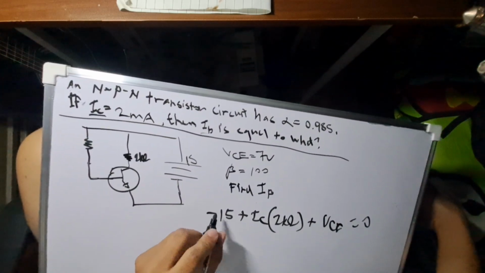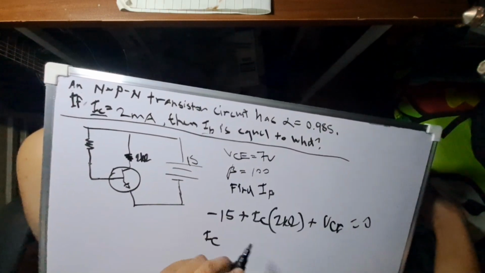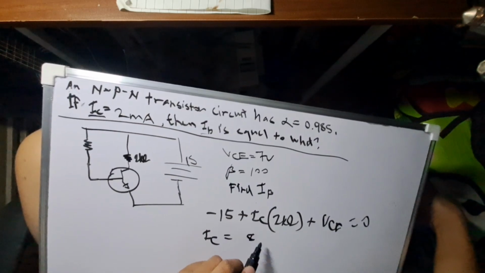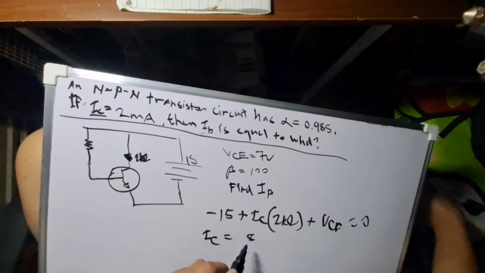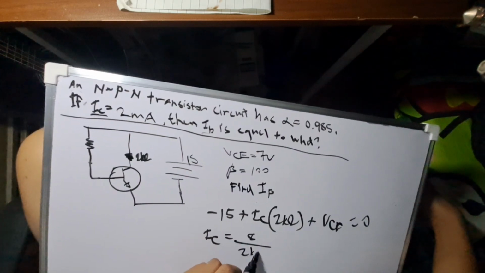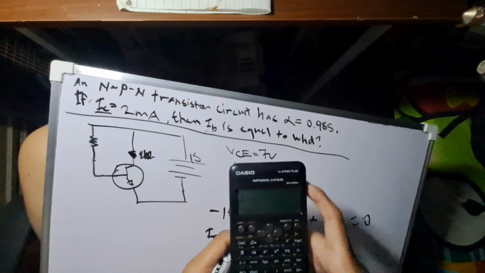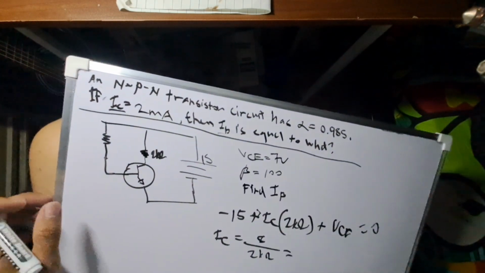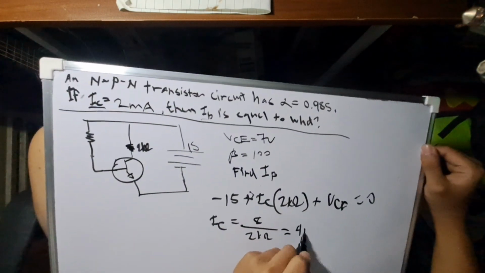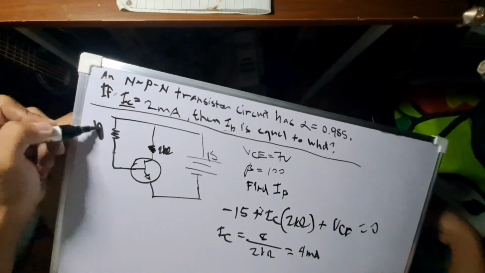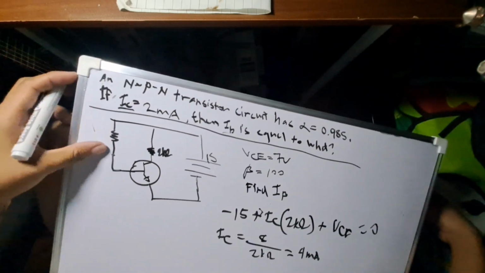Therefore, lipat natin mga kailangan lipat. IC is equals to 15 minus 7, so we have 8 over 2 kilo ohm, giving us 4. Diba? 4 milliamperes. So, pansin mo sa problem, wala kang giving voltage dito. That's because di ba naman siyang gagamitin?